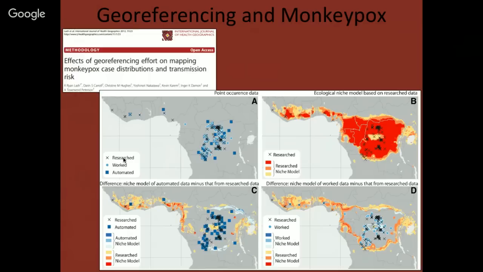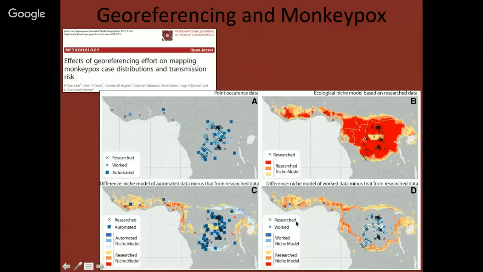And all I want you to see is here in panel B is the researched model. So this is the highest quality model. This is for monkeypox virus, which is in Central Africa. But then I want you to notice in the lower two panels, this is the difference between the researched and the automated, and on the lower right panel, the researched and the worked.